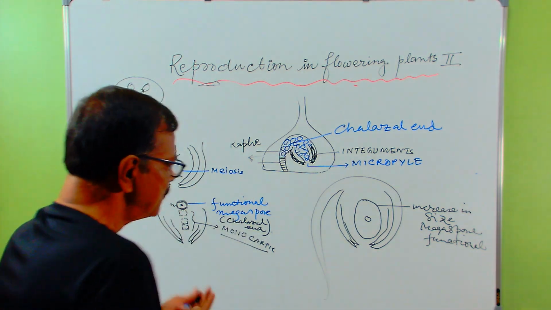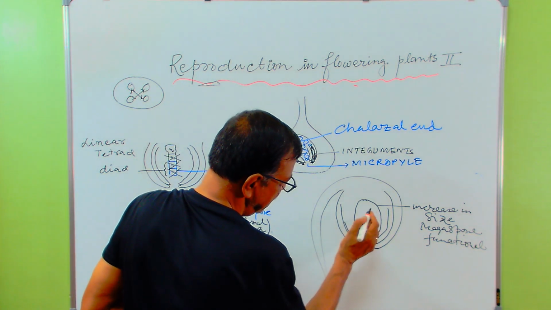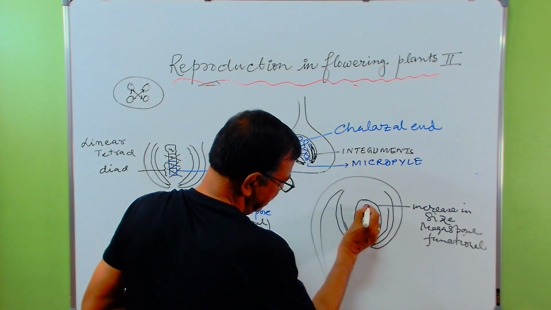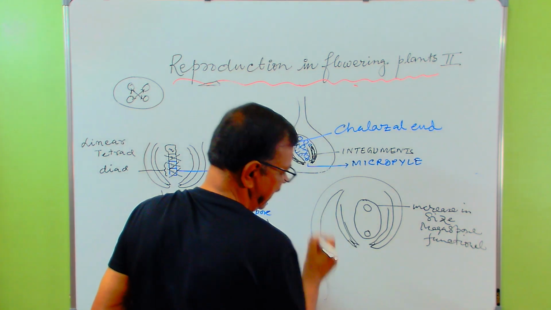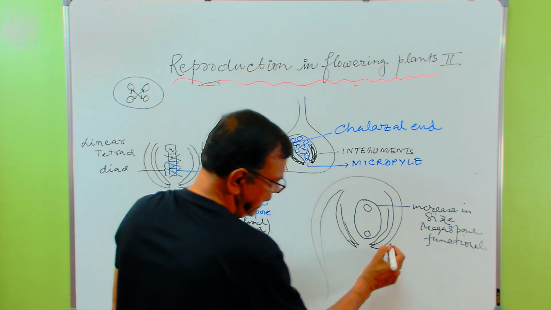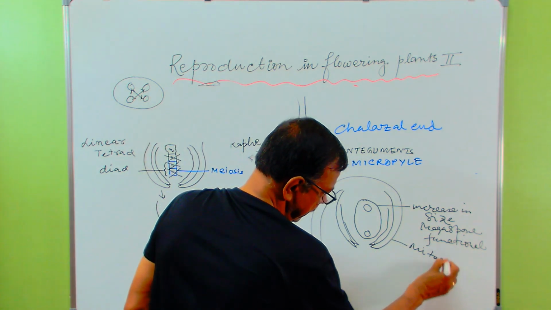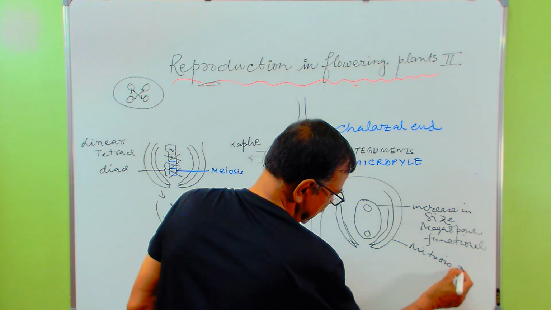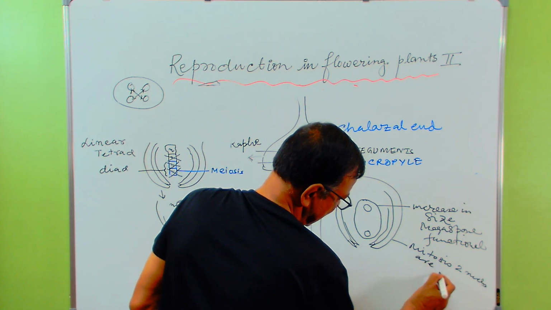Clear? So, in mitosis, we know that two cells are produced. One nucleus will be at the chalazal end, and another nucleus will be at the micropylar end. After this, you should write mitosis. During mitosis, two nuclei are produced.